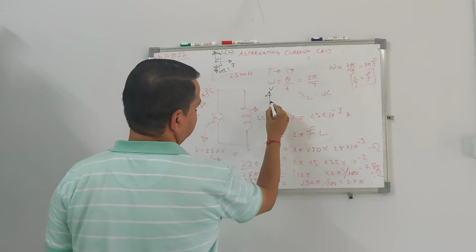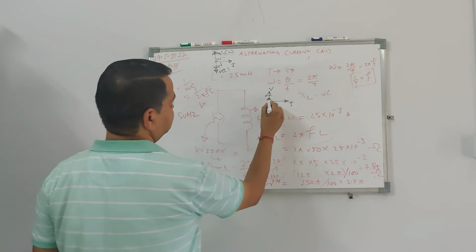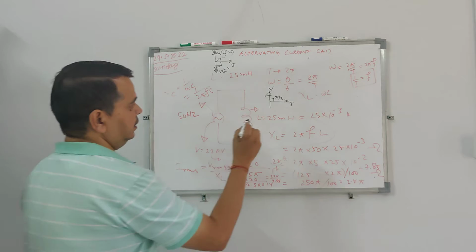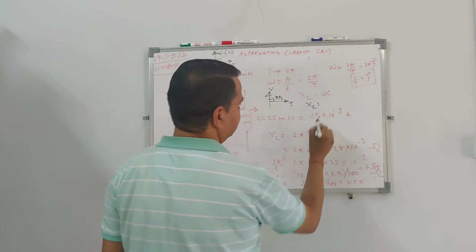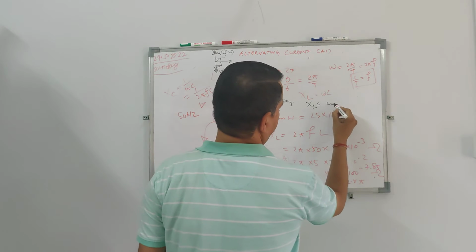So this is my voltage, this is my current. Voltage leads the current by a phase angle pi by 2.